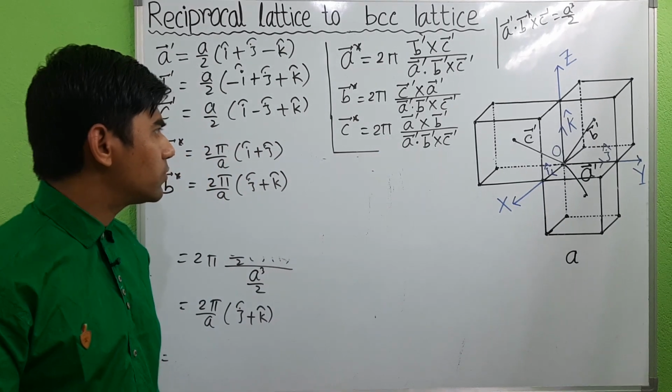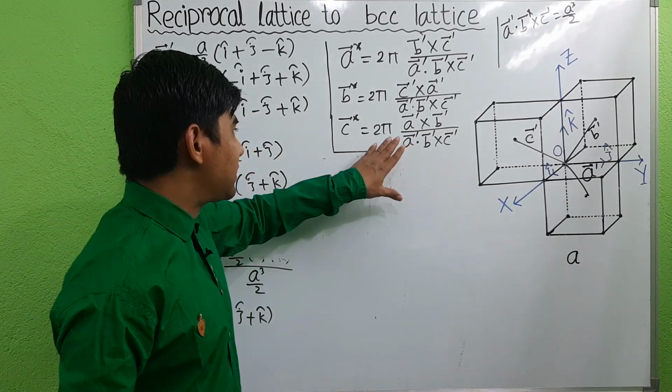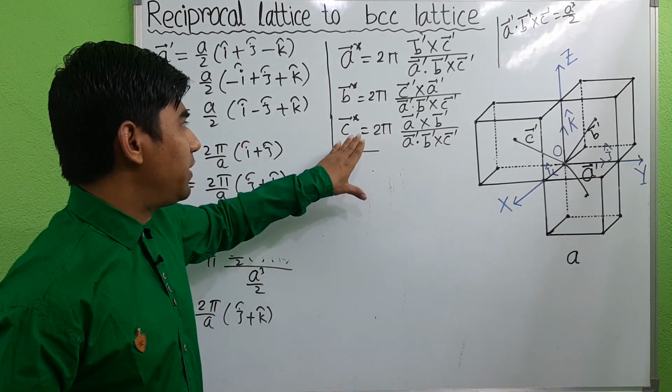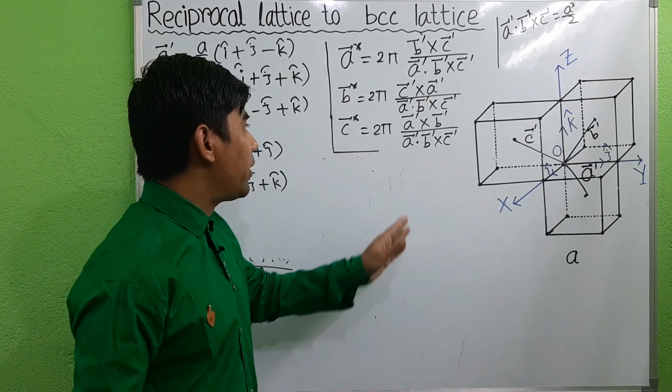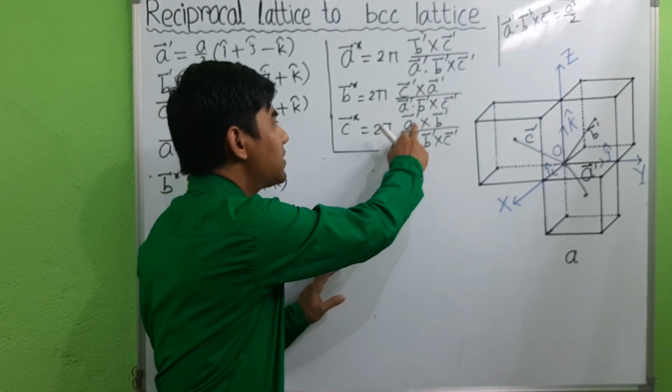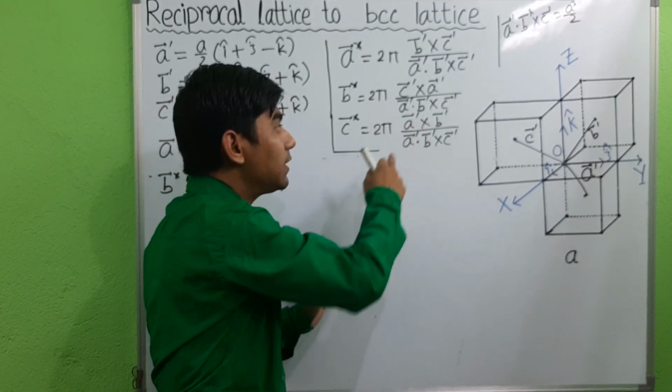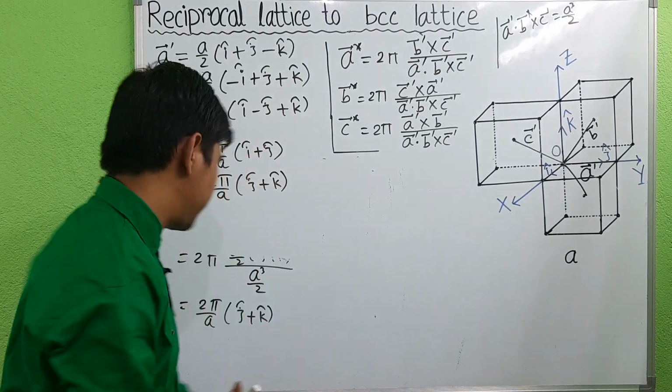To calculate this reciprocal lattice vector c vector star, we first calculate the value of this term, that is a vector dashed cross b vector dashed.